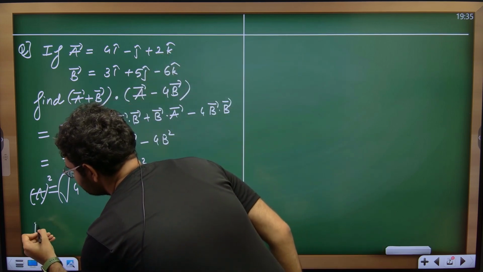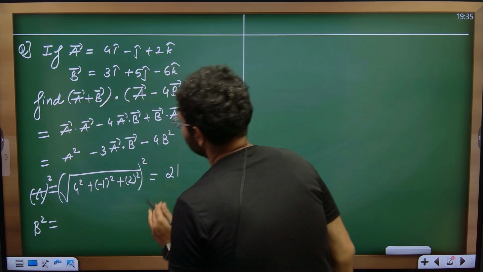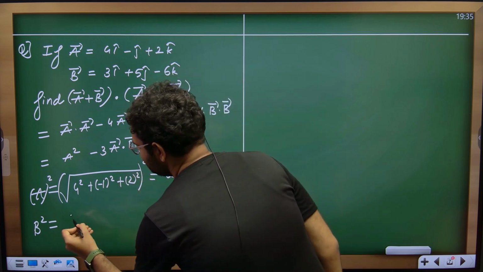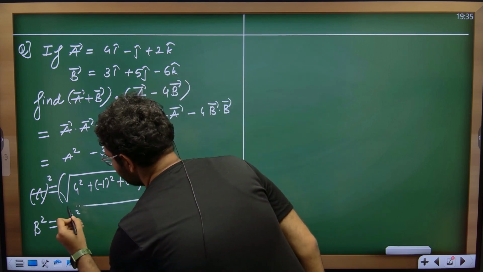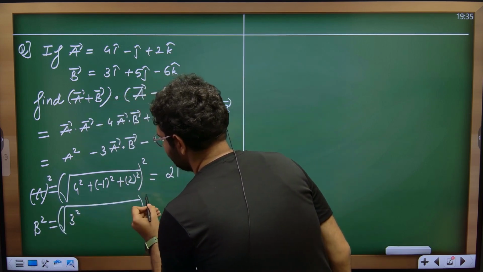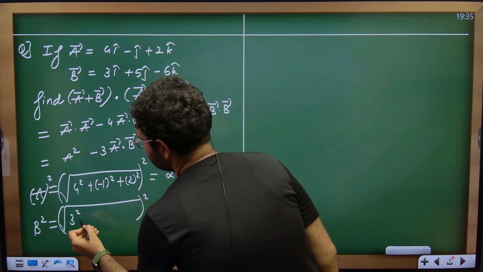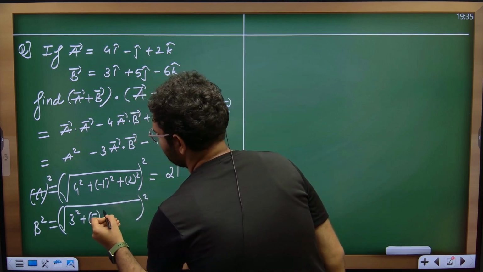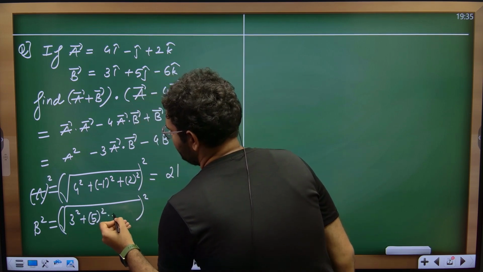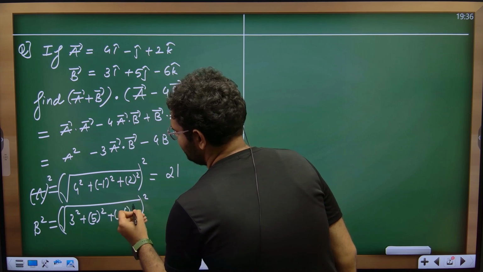What about B square? I should write B square now. Don't write the root, because the root is anyway cancelled. We'll do it like this so that there is no confusion. 3 square plus 5 square plus minus 6 square. Very good.